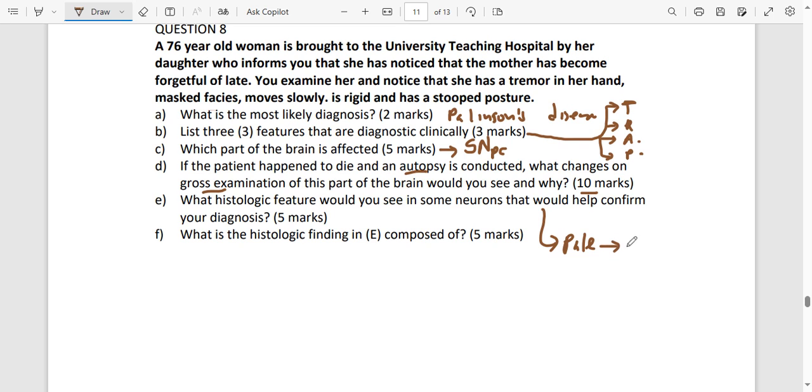So basically there is a degeneration, so there is a reduction in the dopaminergic neurons. And those neurons contain neuromelanin. These guys produce melanin and that gives the color for this region. So because the neurons are not there, meaning that there is a reduction in the neuromelanin, the region ends up looking pale.